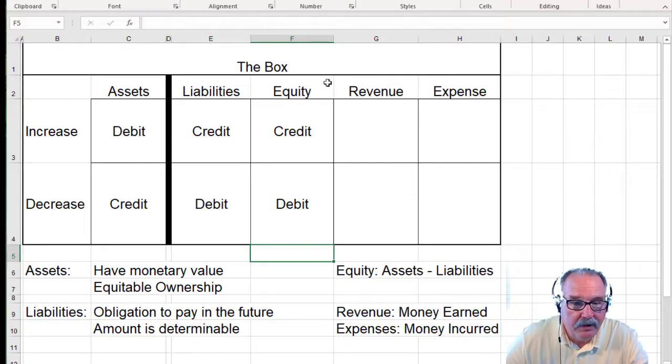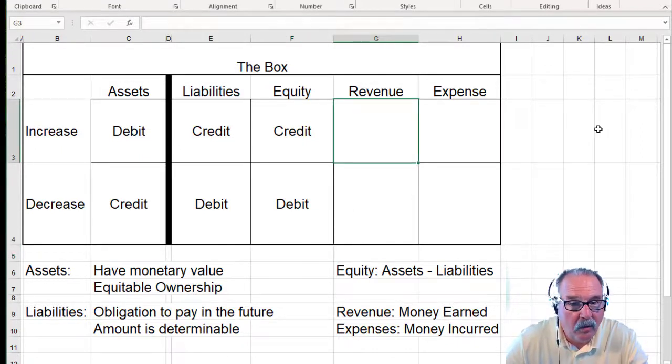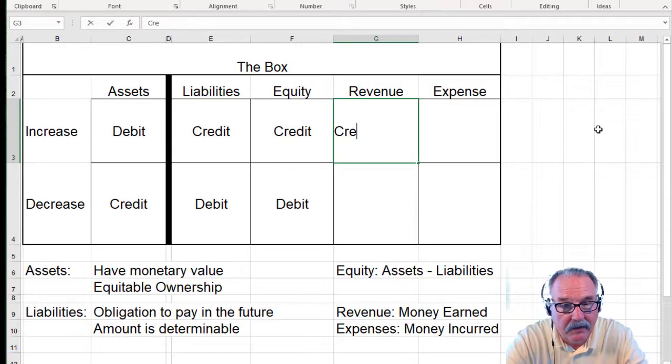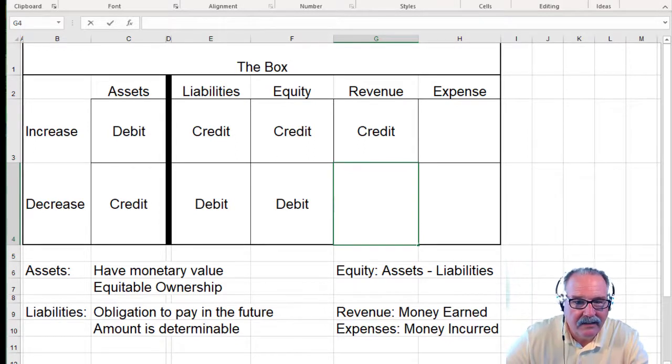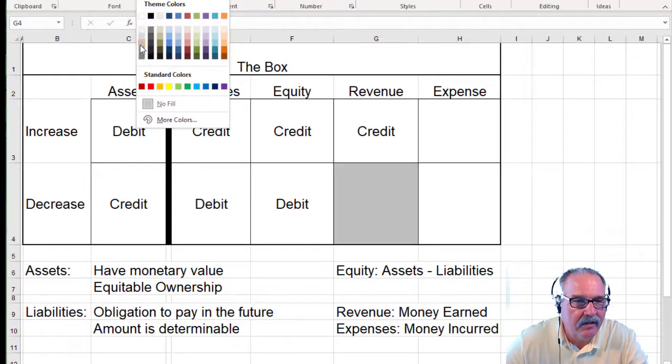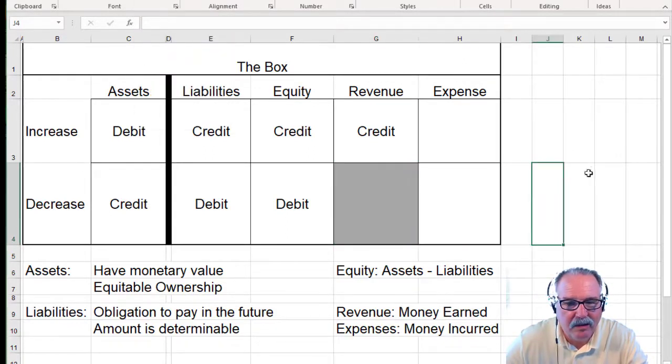Now, revenue makes equity go up. So revenue is always going to be a credit. And revenue doesn't really go down, at least not at this point in our accounting education. So I'm going to just gray that out. And expenses.